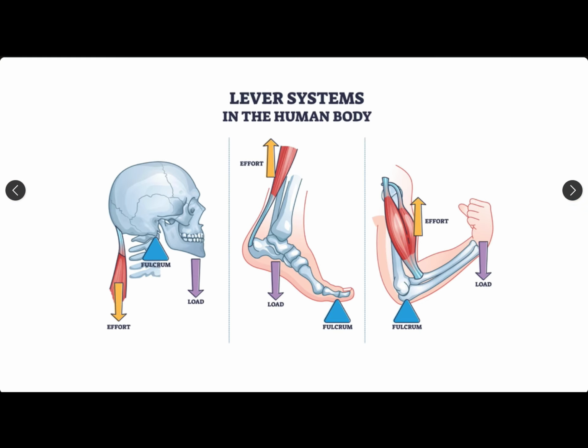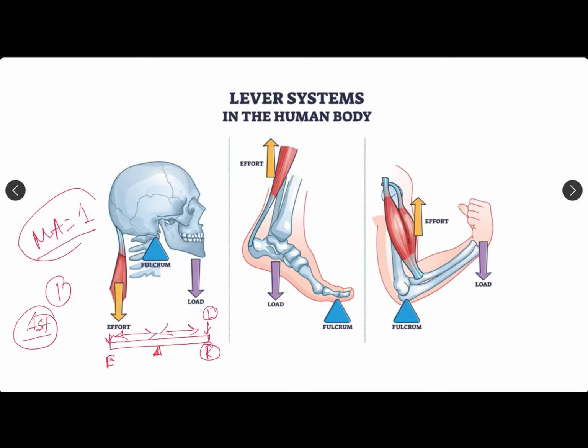So this is a first order lever where the fulcrum is at the midpoint and the effort arm and the load arm are nearly the same. So the mechanical advantage is near about 1.